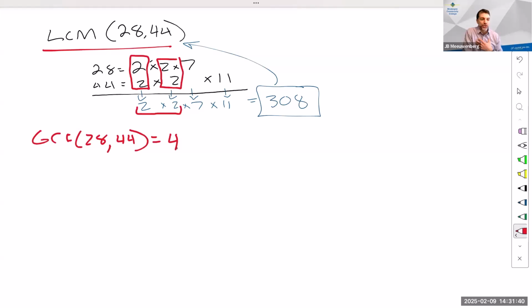So I think even showing it in this relationship can help sometimes. 4 is the biggest number that fits into both 28 and 44. And 28 and 44 both fit into 308, and that's the smallest number that they both go into. That's how I always kind of make sense of it in my own head.